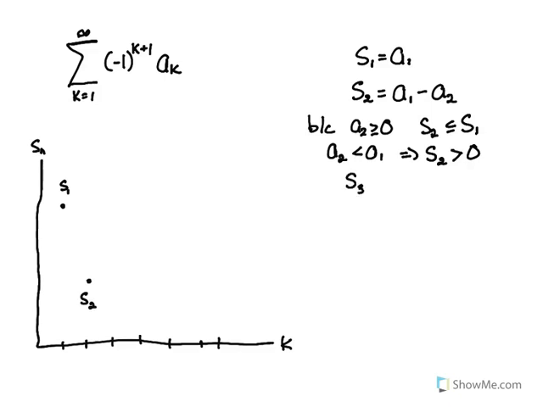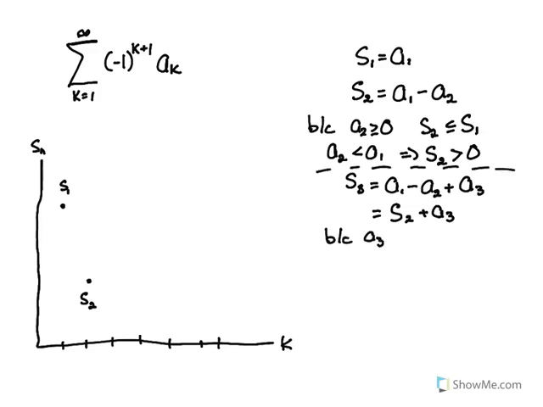Similarly, S3 is equal to a_1 minus a_2 plus a_3, which we can also write as S2 plus a_3. Now again, a_3 is greater than or equal to 0, so that implies S3 is greater than or equal to S2. So we're going to go above S2.